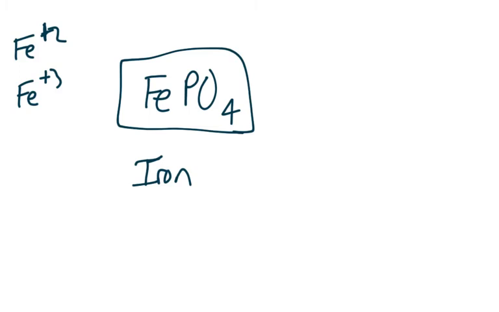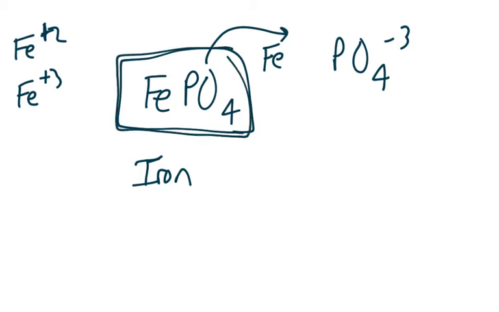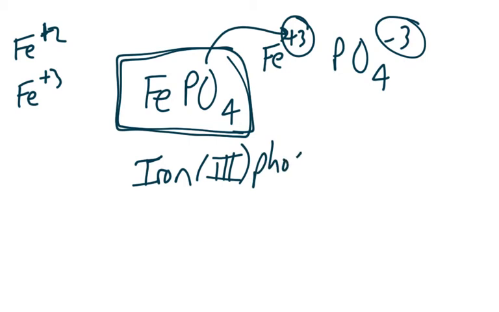So let's see what's going on. Remember the trick. Find out what this guy's doing. He's always -3. If you find out what he's doing, it will reveal what the other one is doing, which is the iron in this case. So if you think about it, the reason that there's no 3's in the formula is because iron has to be a +3 so that it will cancel the -3 of the phosphate. So the iron that we're using to create this formula would be iron 3 and PO4 is phosphate.